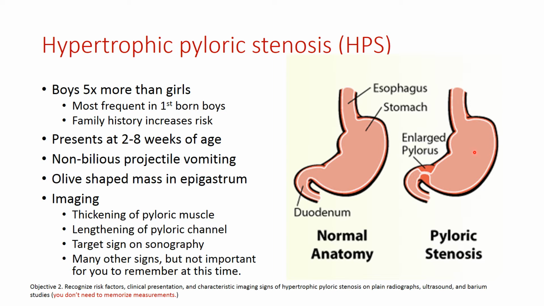Now, these patients, most of the time, we can press on them, we can palpate, and in the epigastrium, we can feel a little nodule, a hard little nodule that feels like an olive. That's very characteristic for pyloric stenosis, and a couple of our pediatric surgeons, that's all they needed. If they had a patient that presented with a history that sounded like pyloric stenosis, they palpated that olive.